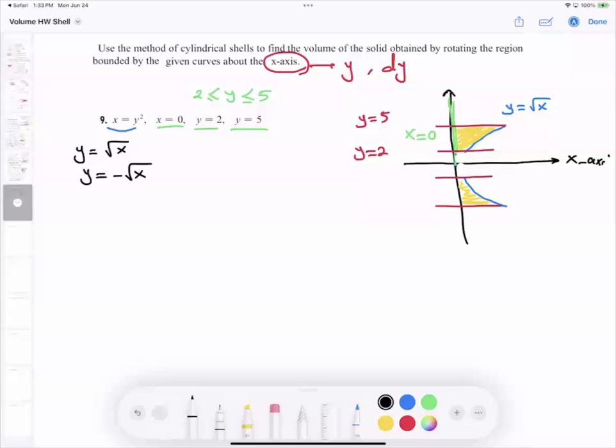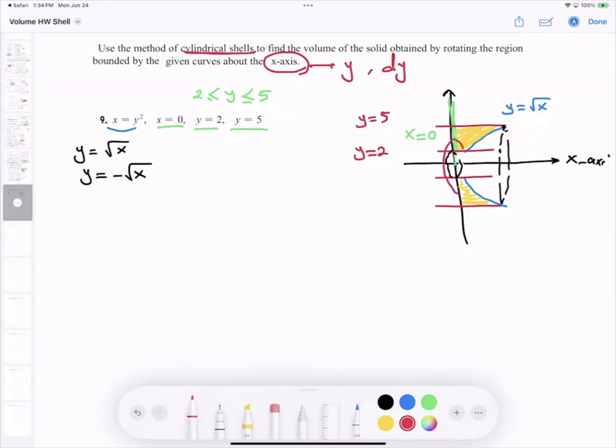Then to show that we actually have a 3D object, we use these dotted lines to show that we actually rotate this object along this. Perfect. Since the question says use the cylindrical shell method, let us take a typical cylindrical shell, and this guy is located here.